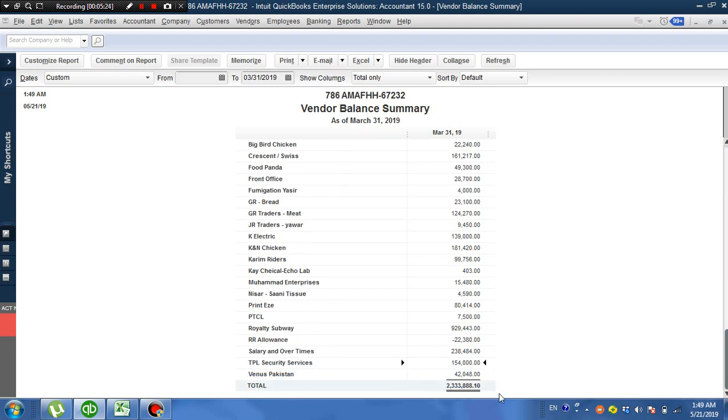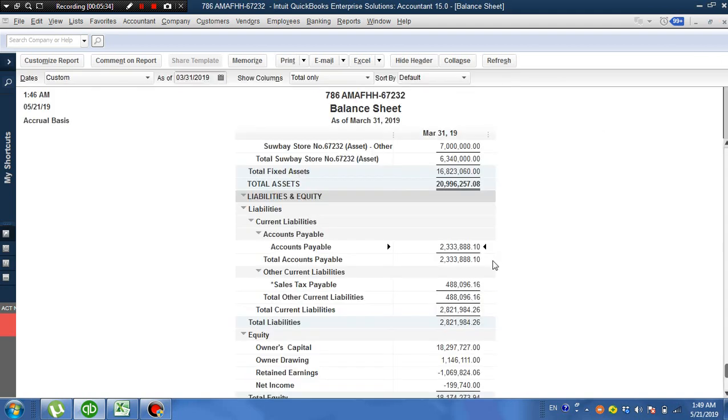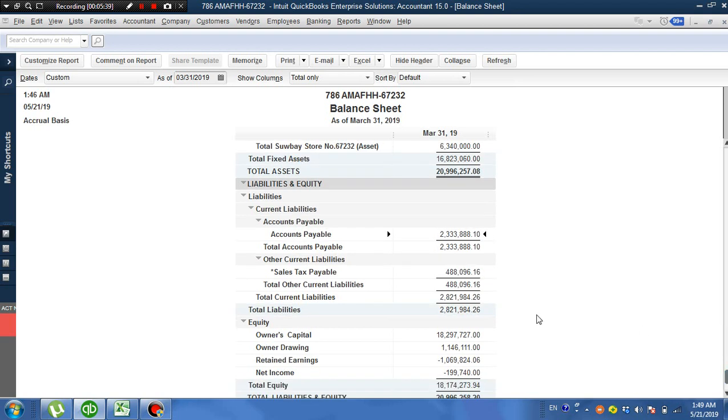So this is the figure which is being quoted in our balance sheet, 2,333,888. This is the total of all the vendors to whom we owe money. So this was the balance sheet. So is the sales tax. Managed sales tax is here.